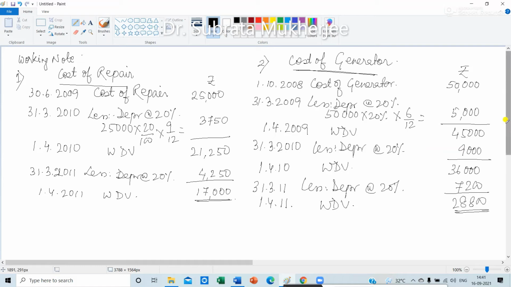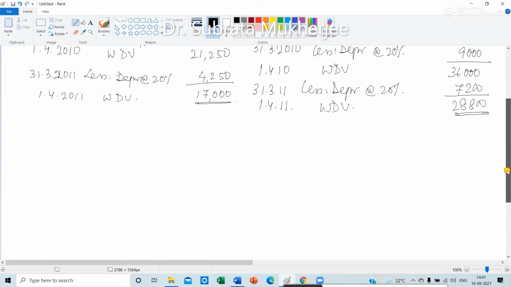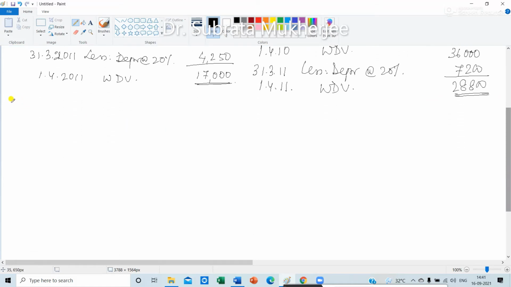Now, the third working is regarding the plant and machinery ledger. You can say it is a working, or it can be continued as a problem. So I am preparing the plant and machinery ledger account here. Balance on 1st April 2011, given as to balance b/d, is rupees 5 lakh.